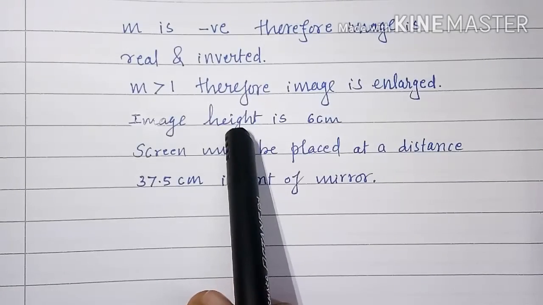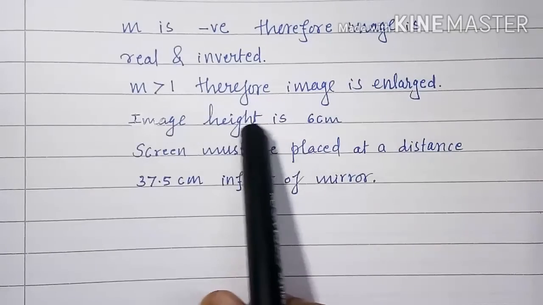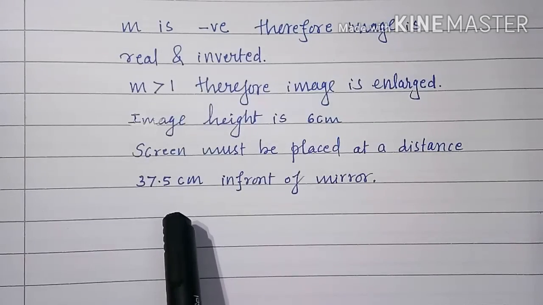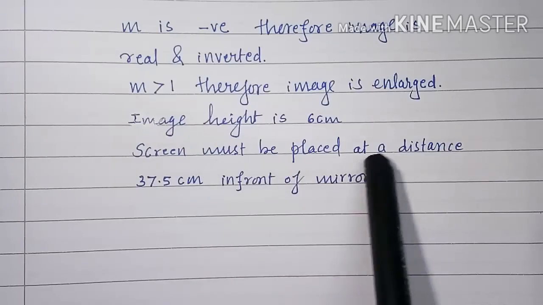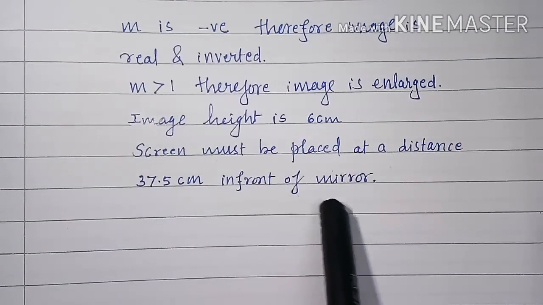Image height is 6 centimeter, that is image size is 6 centimeter. To obtain clear and sharp image, the screen must be placed at a distance of 37.5 centimeter in front of mirror.